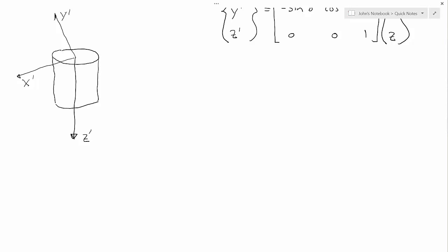Okay? So in other words, what we're doing is we're going to rotate our wellbore.